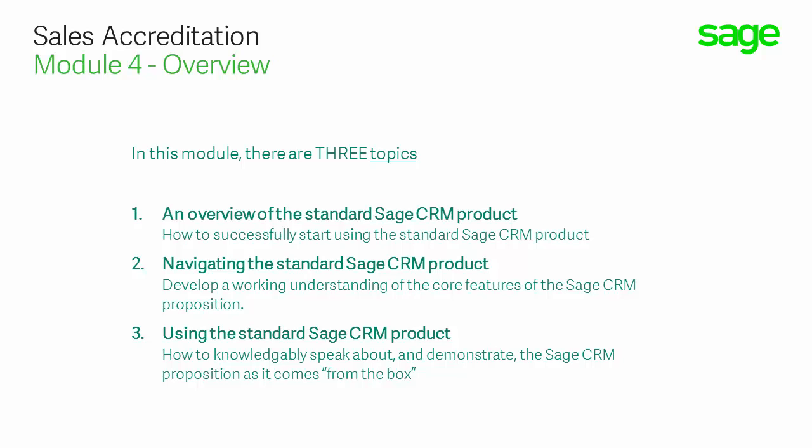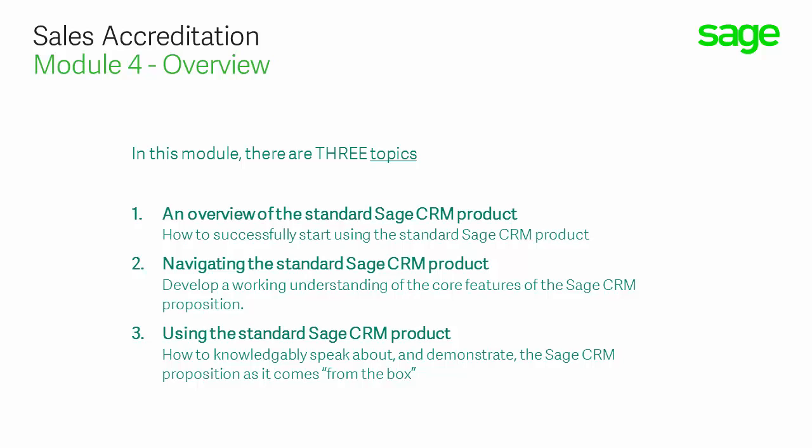Once you have completed each topic, and thus the module, you will understand the role that customer relationship management concepts play within a business, how to knowledgeably speak about and demonstrate competence in the translation of CRM capability for any business, and how to successfully articulate the Sage CRM value proposition.